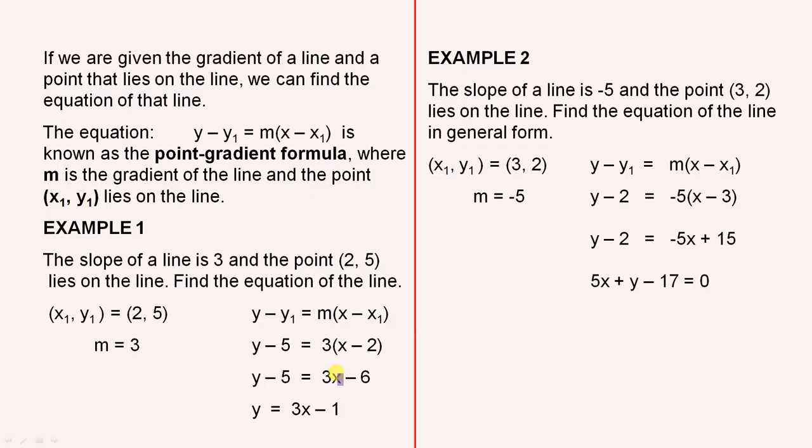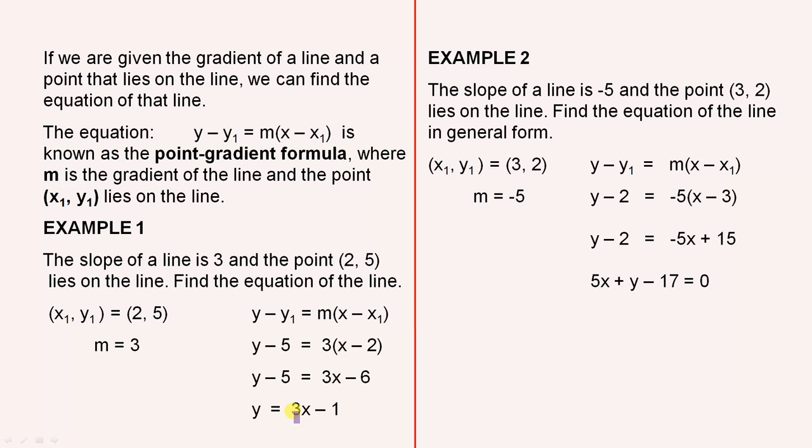All we do now is expand the right hand side to give us y minus 5 equals 3x minus 6. And if we collect some like terms over here, so if we add 5 to both sides, the final answer will be y equals 3x minus 1.